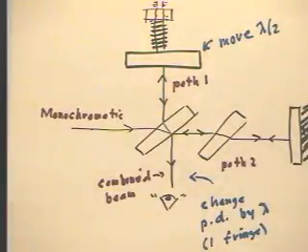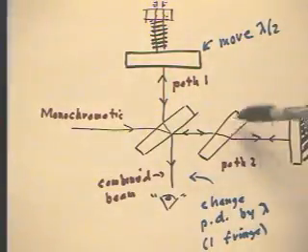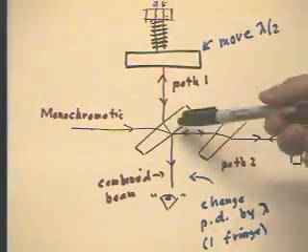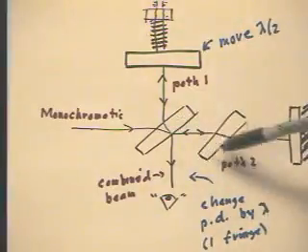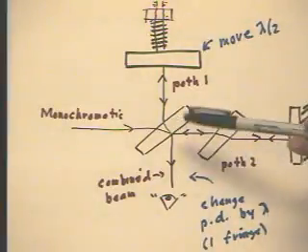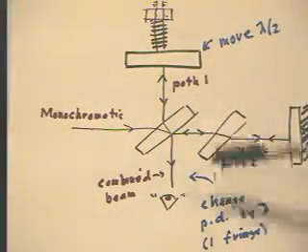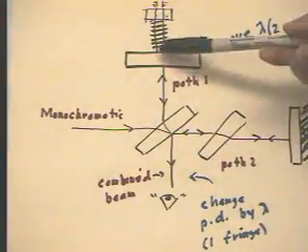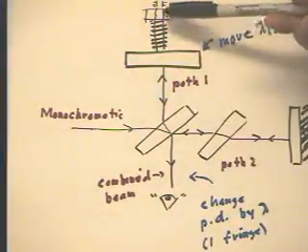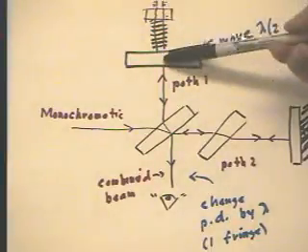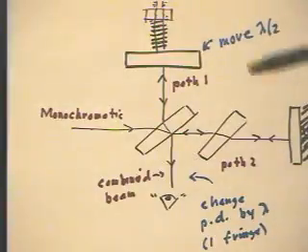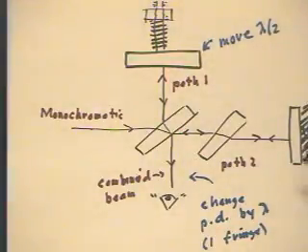It's of course not quite half because a little bit gets lost. This is a hunk of glass of the same type but without the silvering, and it's there just to compensate for the path difference between the glass. This is a mirror, and this is a movable mirror. This is a screw device. You turn the screw at the end and the mirror moves a little bit. This is a fixed mirror. It's mounted on a very heavy mounting.